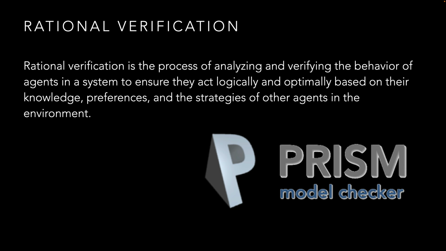A breakthrough in verification is the idea of rational verification. It's the process of analyzing and verifying the behavior of agents in the system to ensure they act logically and optimally based on their knowledge, preferences, and the strategies of the other agents in the environment.